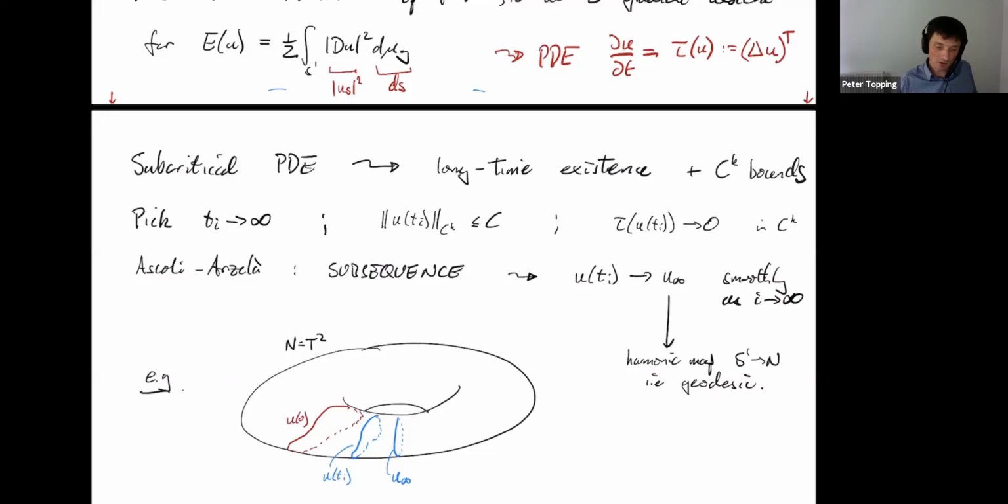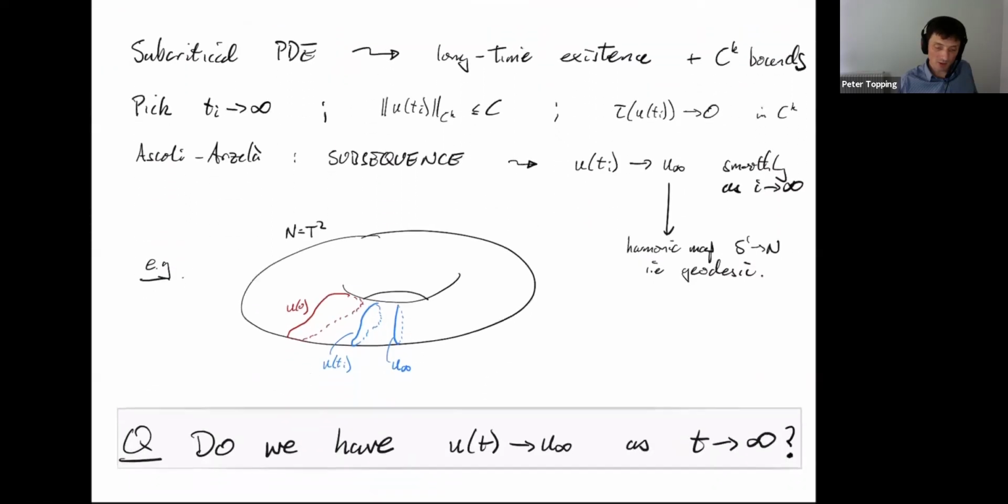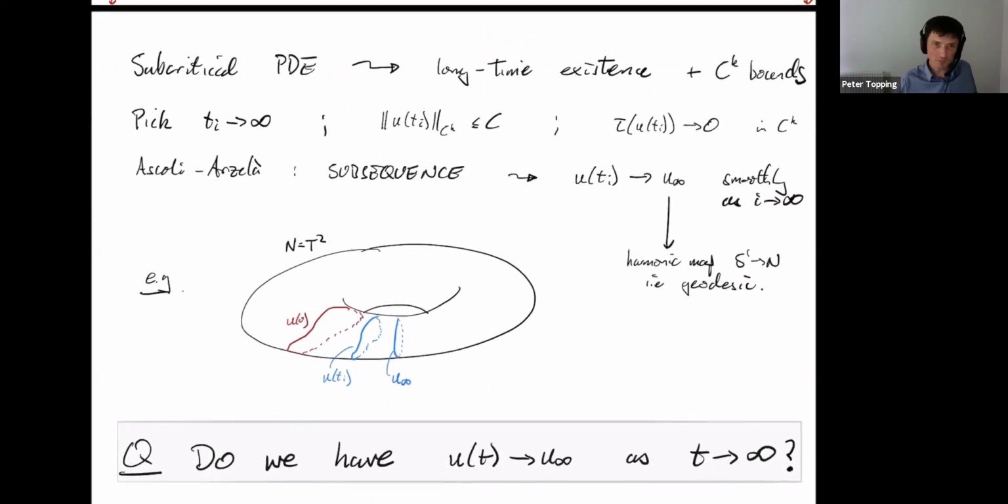Okay, so that poses an immediate question, which is, well, you've said you have convergence at a sequence of times t_i going to infinity, but do you actually have convergence as t goes to infinity? In the picture here, it looks like maybe you should, right? And actually, there's a parallel story that's just popped into my head of when Eells and Sampson introduced the harmonic map flow.